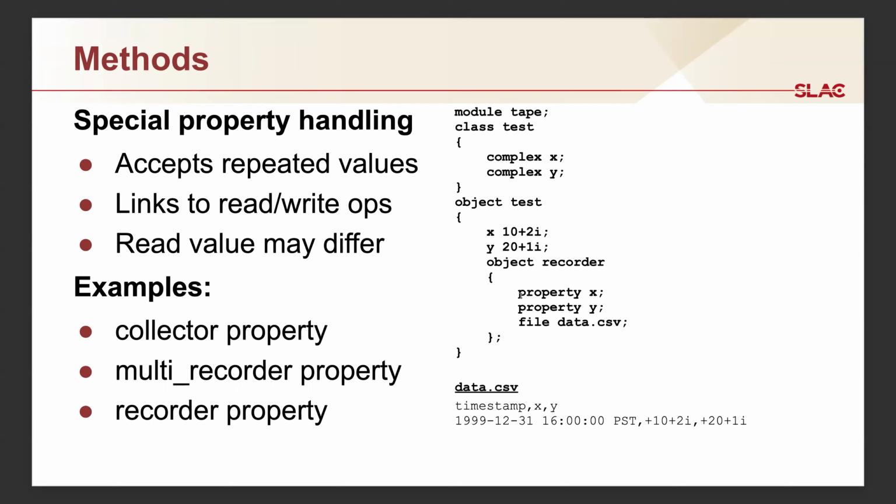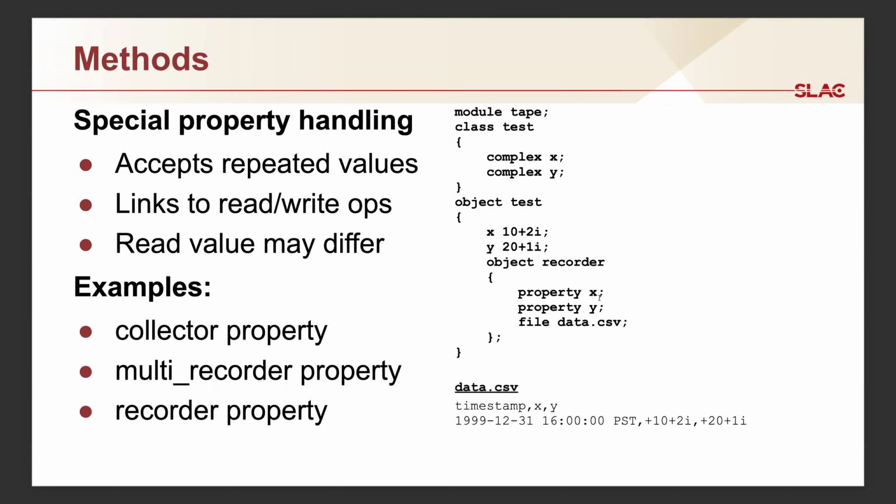So here's an example. The recorder object uses a method called property to allow you to list which properties you want. This allows you to provide a nearly unlimited list of properties, so you don't have the 1024 character limit on the input value.